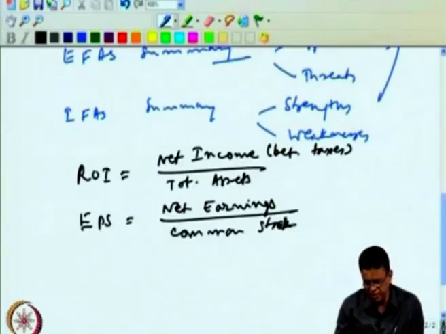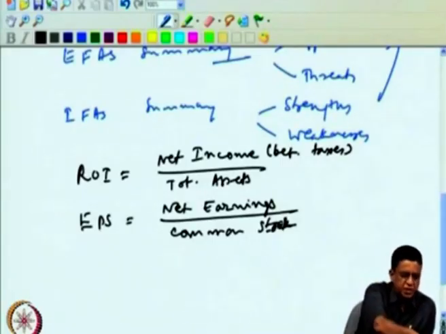You will get the earnings per share. So, you will get an idea of how much your 10 rupees investment has earned.